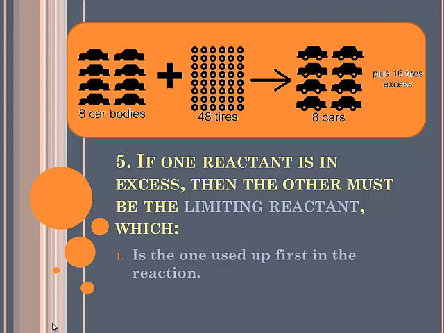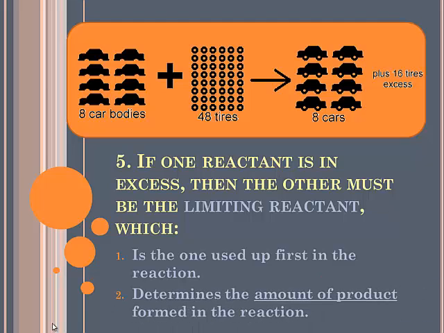So the limiting reactant happens to be the one that gets used up first in the reaction, and it determines the amount of product that you produce. When we looked at the car body example, how many cars could you make? Well, the car bodies were used up first, so that stopped using the tires. And because we only had 8 car bodies, it was only possible to make 8 cars.